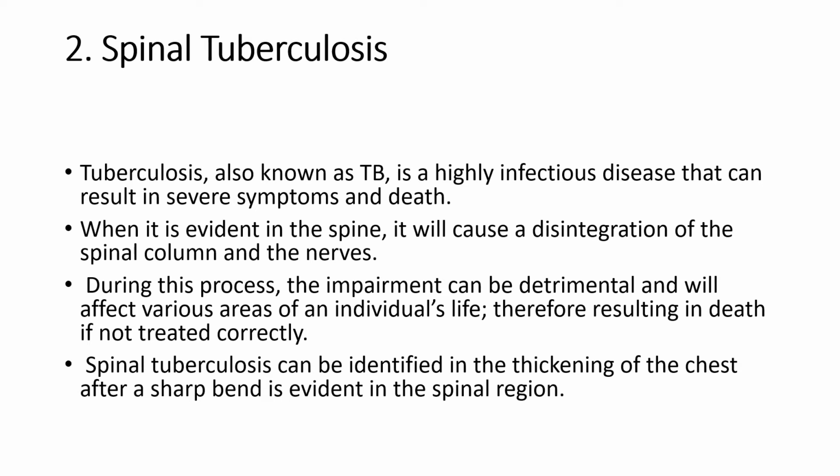During this process, the impairment can be detrimental and will affect various areas of the individual's life, therefore resulting in death if not treated correctly. Spinal tuberculosis can be identified by the thickening of the chest after a sharp bend is evident in the spinal region.